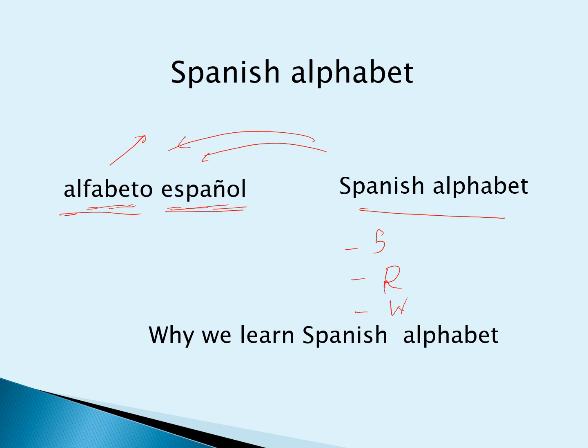So if you want to read and write the Spanish language, then you have to learn the Spanish alphabet. Suppose you don't know the alphabet, then you can't read and also you can't write.